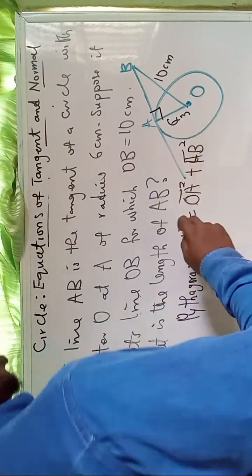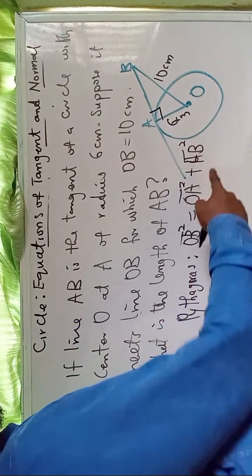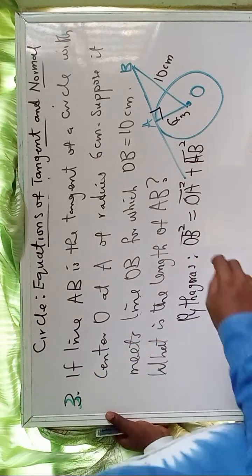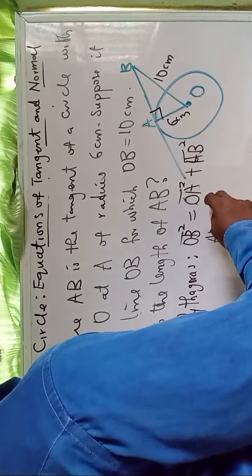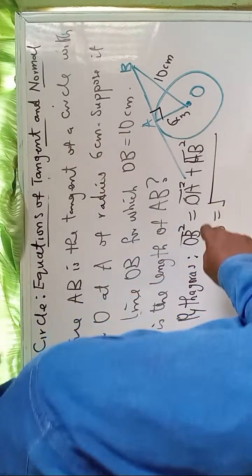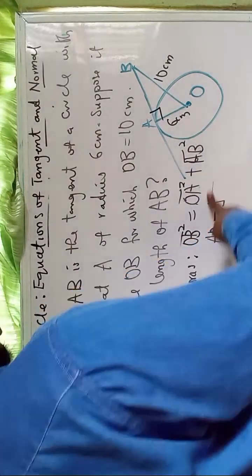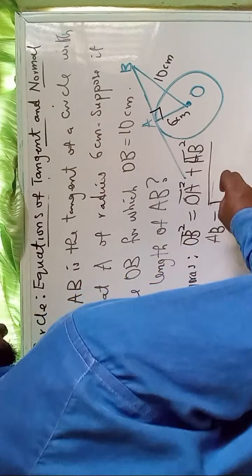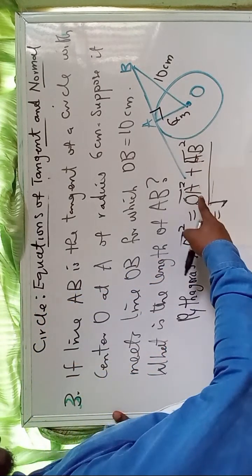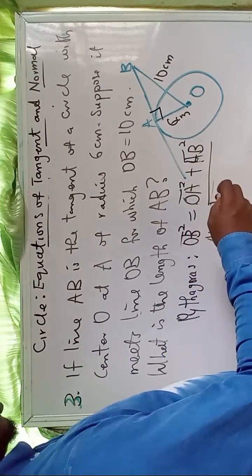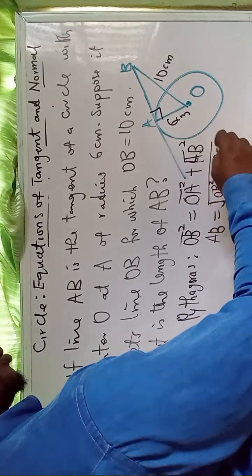Since we are looking for AB, I'm going to make AB the subject of the formula. So this will be AB squared equals OB squared minus OA squared.